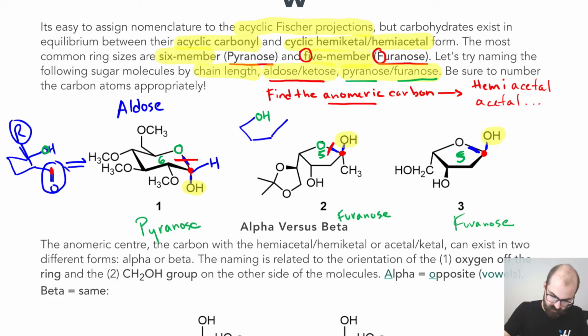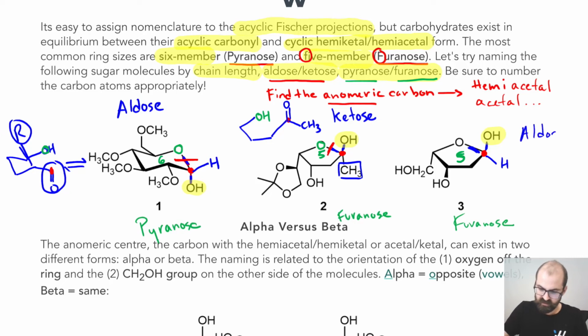What we end up forming is a ketone, because now we have that CH3 group bound to the anomeric carbon. So that would have come from a ketone, which makes this a ketose. In our last case, we have a proton there in the number 3 furanose, so this would be an aldose as well.